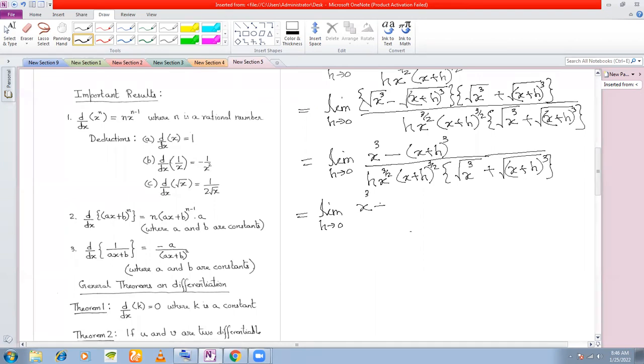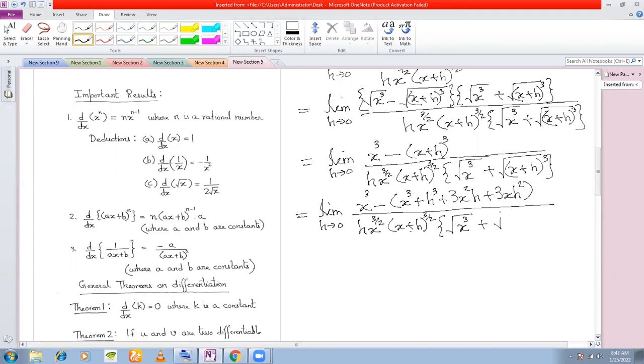You have x cube minus, you get here a cube plus b cube plus thrice a square b plus thrice a b square, divided by h x to the power of 3/2 (x + h) to the power of 3/2 into square root x cube plus square root (x + h) whole cube, right?